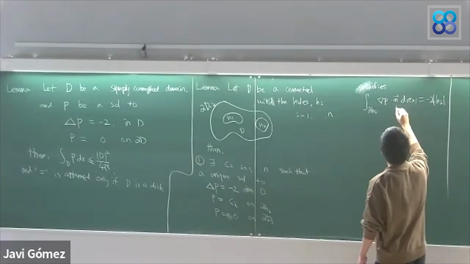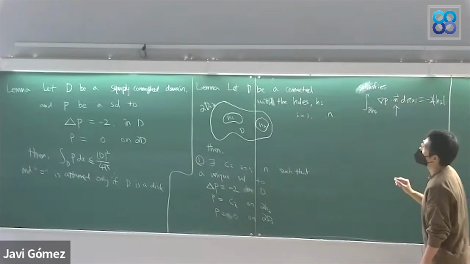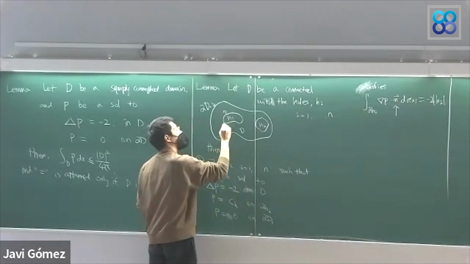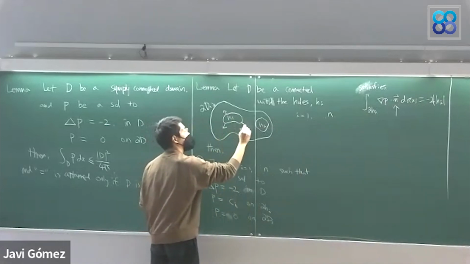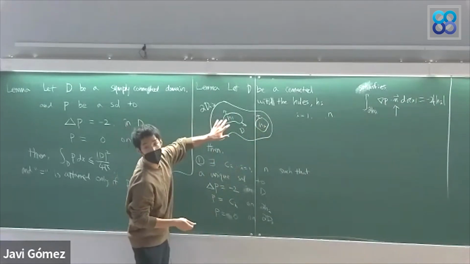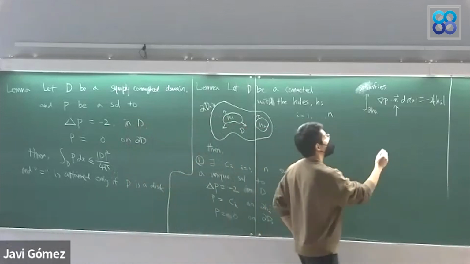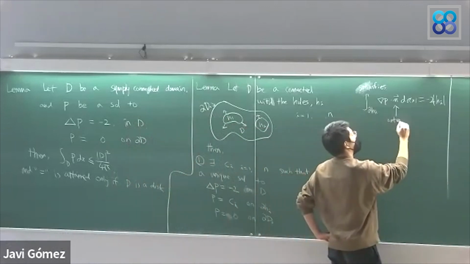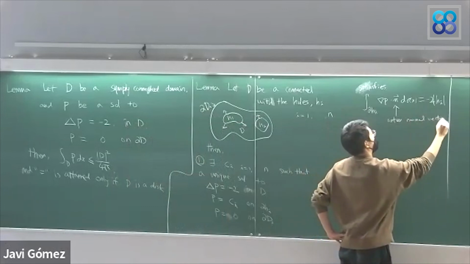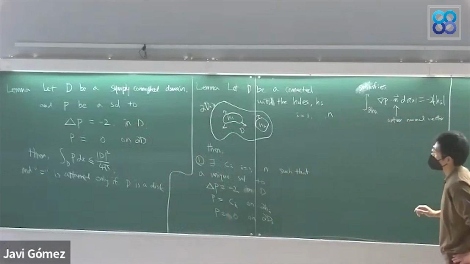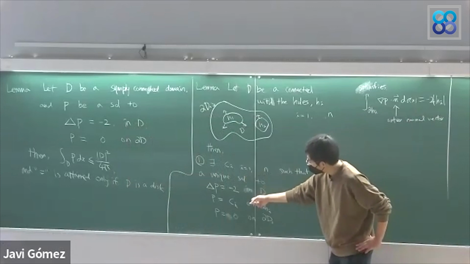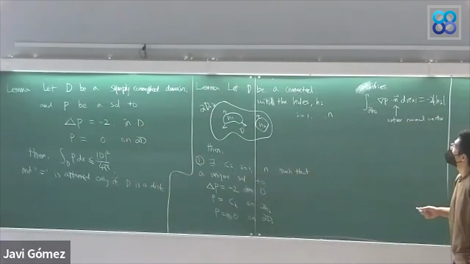Here, n denotes the outer normal vector with respect to the hole, so it's pointing inward to the domain. So this is the first statement. We can choose certain constants so that the unique solution to this equation satisfies this relation.